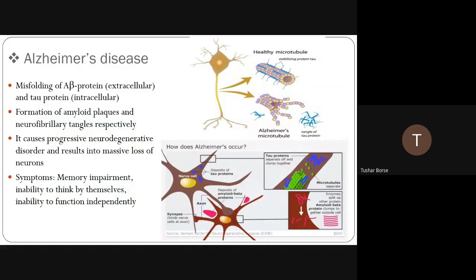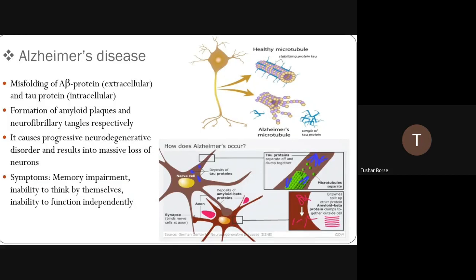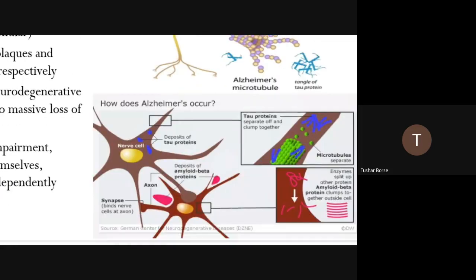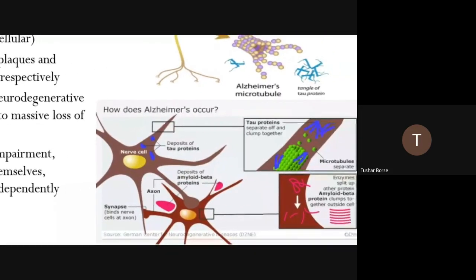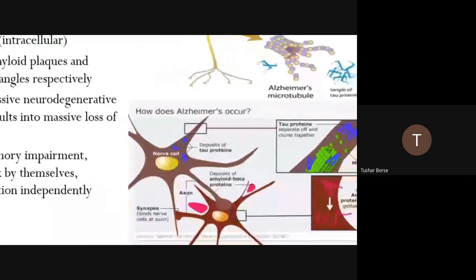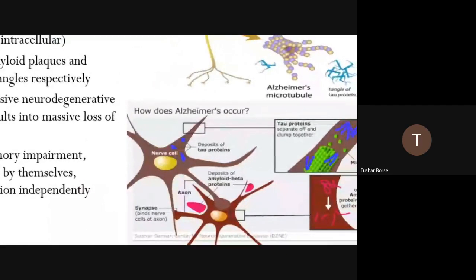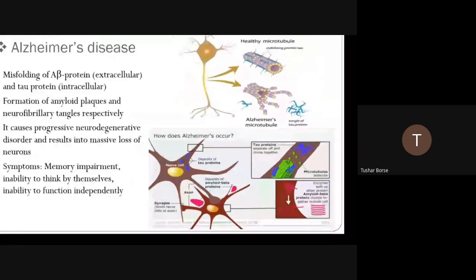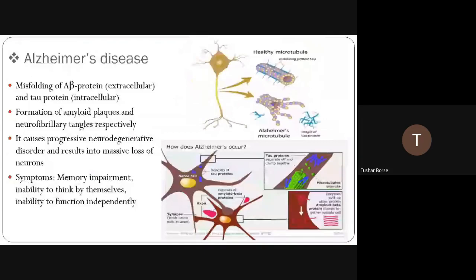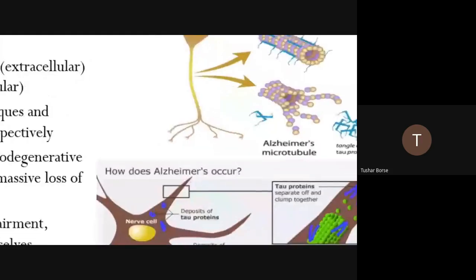You can see in the second image, on the extracellular side of nerves there is a deposition of amyloid beta, and in the intracellular side there is a deposition of tau protein. Amyloid beta results in the formation of amyloid plaques, and the tau protein results in the formation of neurofibrillary tangles.